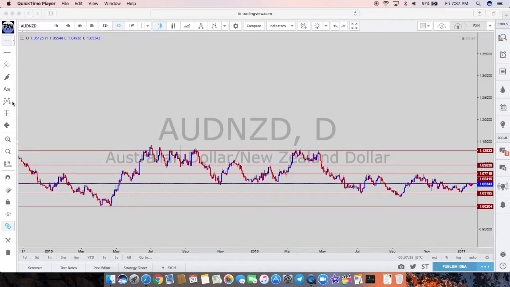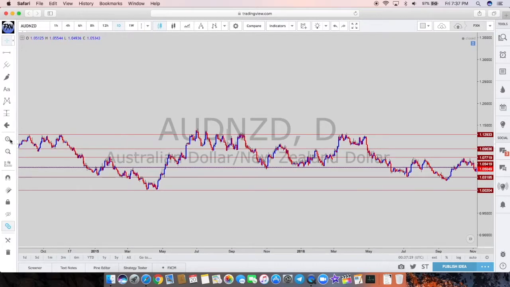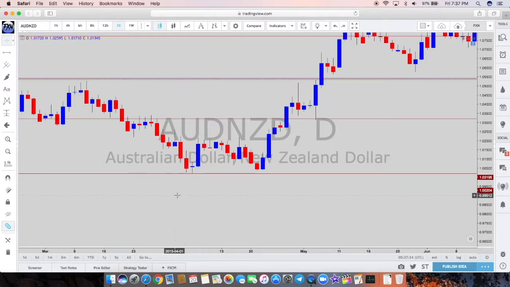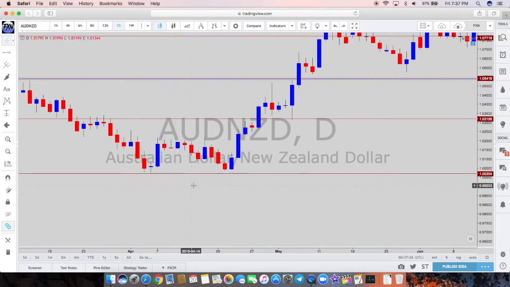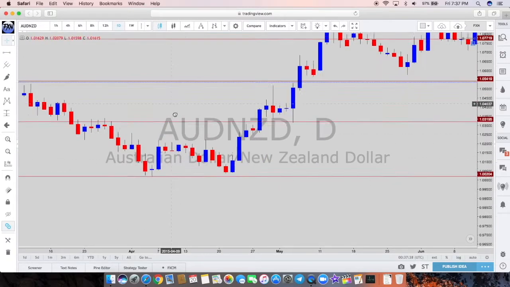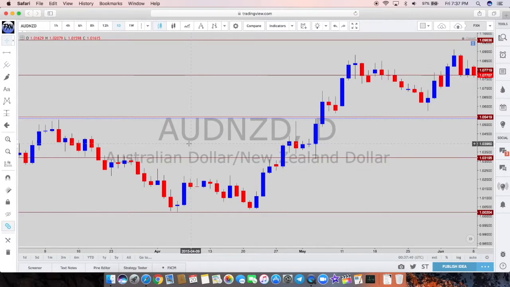So we're going to first take a look at this area here. And all right, so what we want to do is, of course, whenever price gets into an area of either support or resistance, price normally goes ahead and actually stops moving, right?